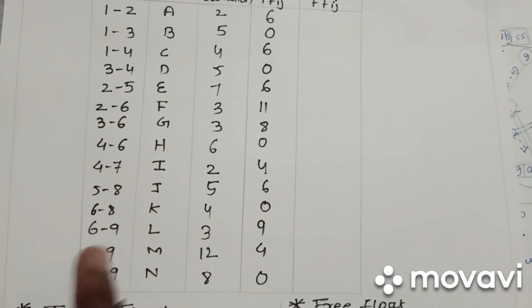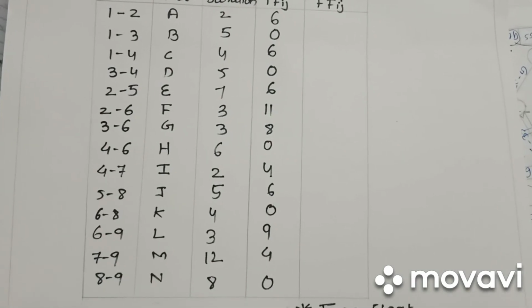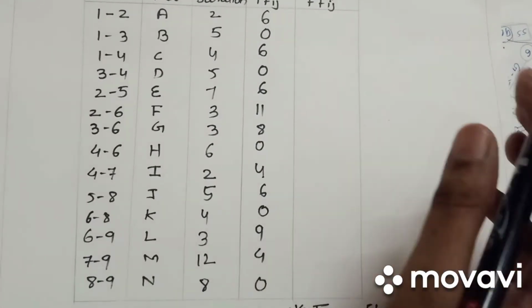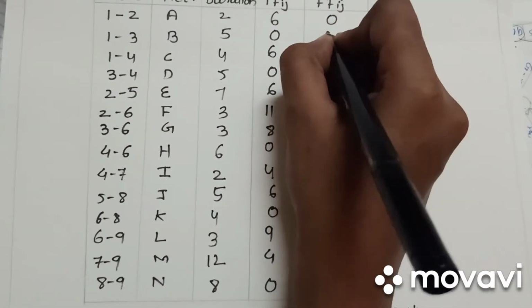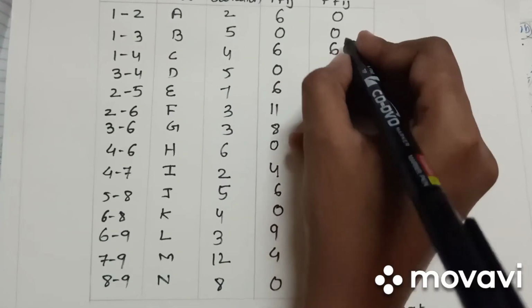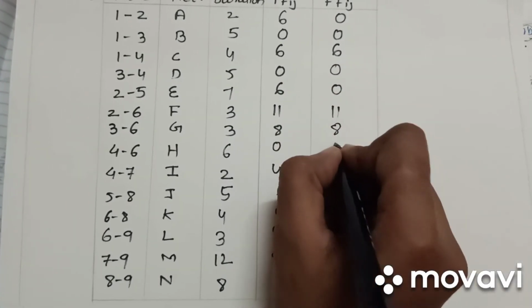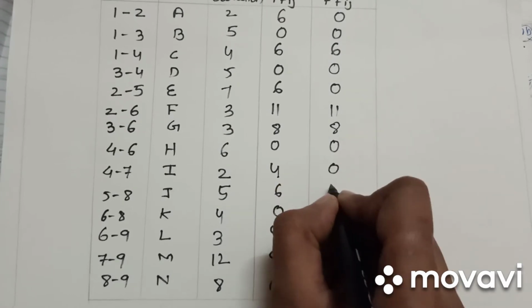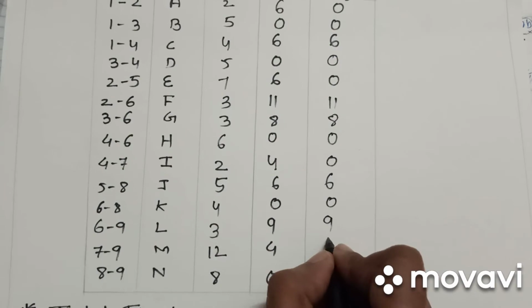So just like total float, we have also calculated the free float with the help of the formula. So free floats for A activity is 0, for B activity is 0, for C 6, 0, 0, 11, 8, 0, 0, 6, 0, 9, 4.